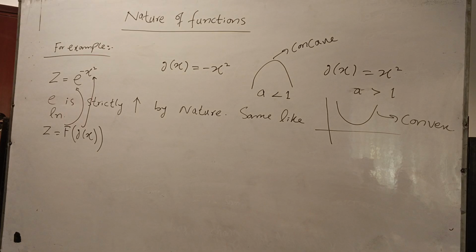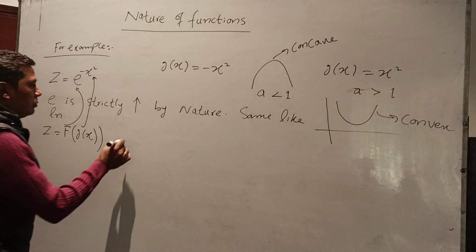So if the function is concave, then after the transformation through exponential, it must be quasi concave. Clear? Because it will not change the nature of the function.